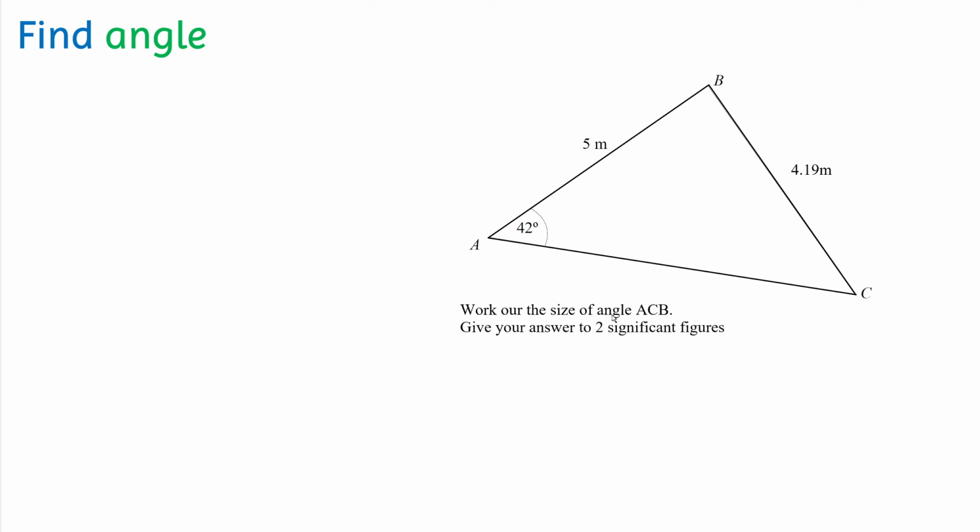So angle ACB is the angle you get going from A to C to B. It's this one here. That's the one we're trying to find out. And we might notice that these two make a pair, but we already know this pair. And that's telling us it's a sine rule question.